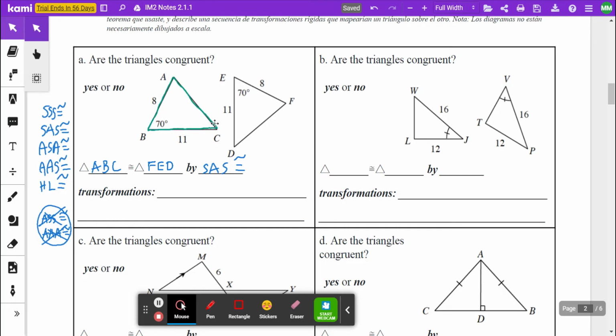Well, I could map angle C to angle D and then rotate.